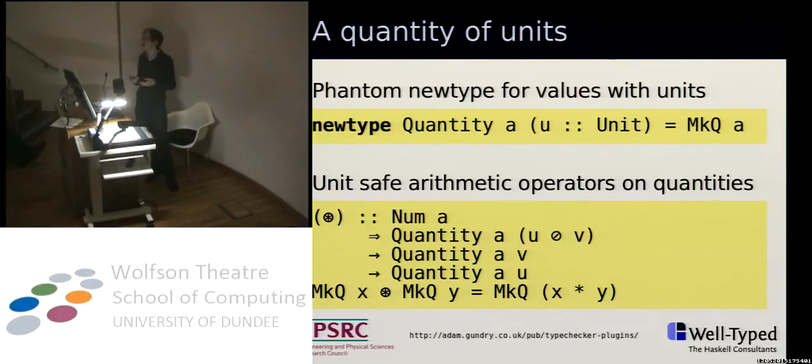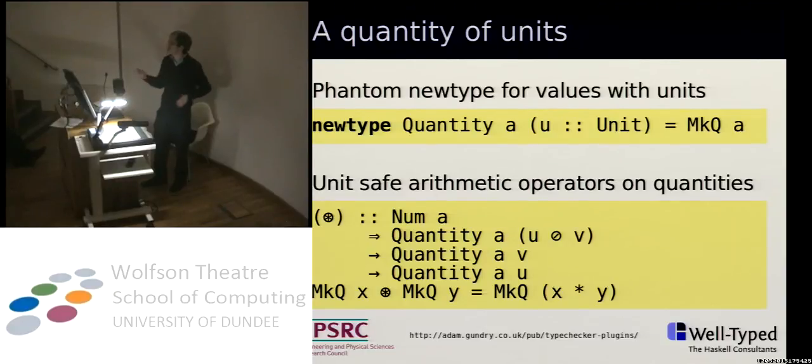And then it's got some units U, which have no runtime significance, but the Typechecker is going to ensure that I use them safely. And then, for example, I can give a unit-safe type signature for multiplication, which just says that if I've got something measured in units U over V, and then I can multiply it by something in units V to produce something in units U.